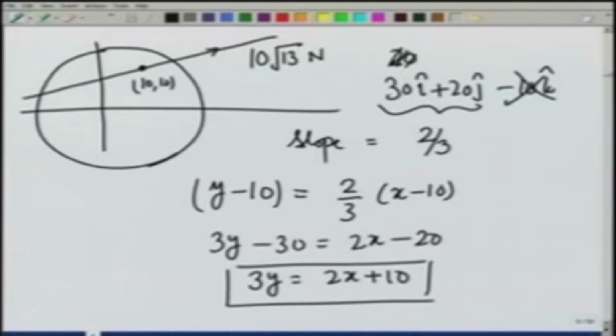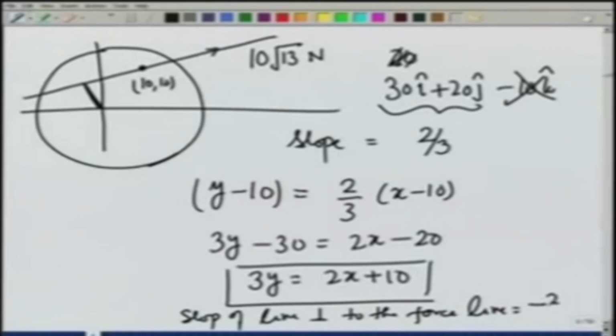I want to find this distance along the line perpendicular to this force passing through the origin, and therefore, the slope of line perpendicular to the force line is going to be minus 3 over 2.